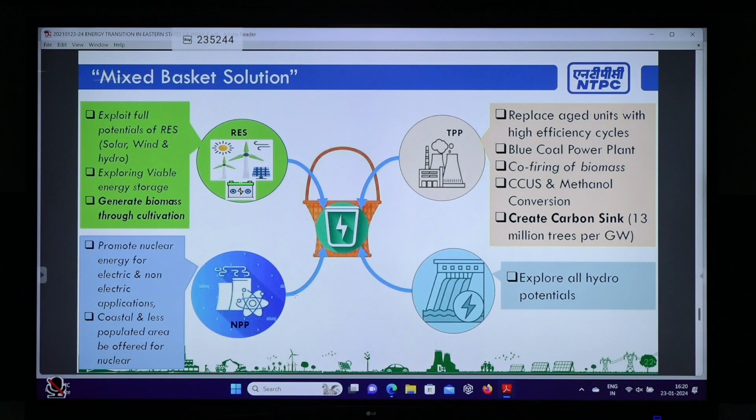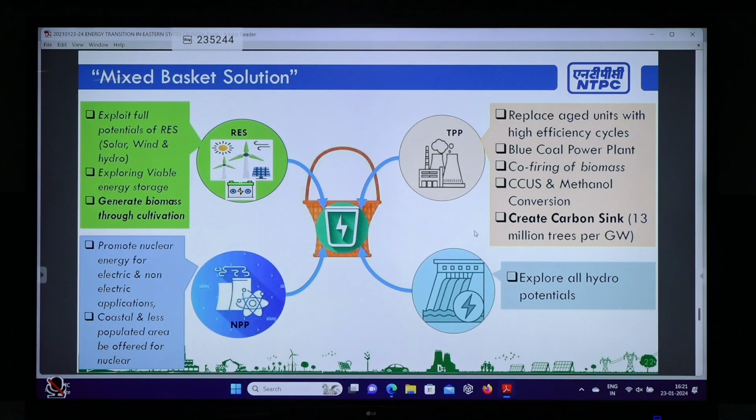No single source can give you the complete solution or solve your problem. So go for renewables as much as possible, exploit that. Then go for nuclear, whatever you can add within the constraints. There are some challenges in adding nuclear capacity, such as the requirement of land. There is also resistance from the general public.